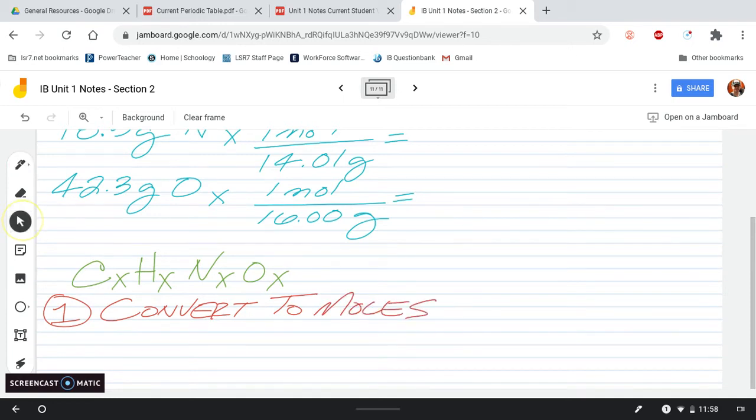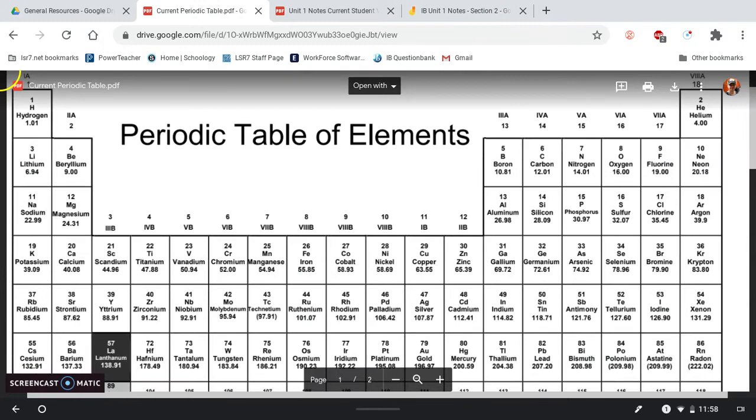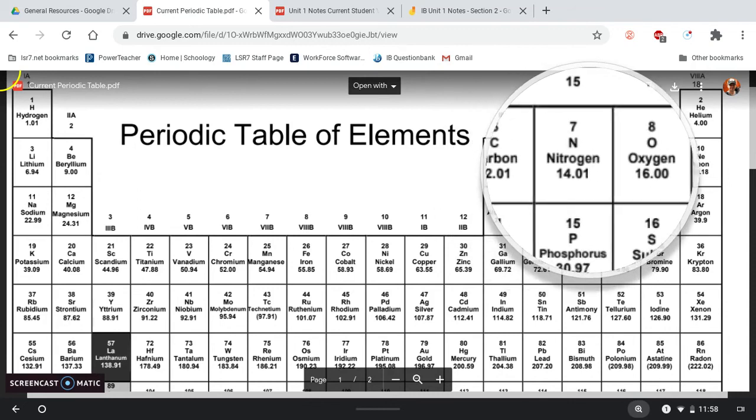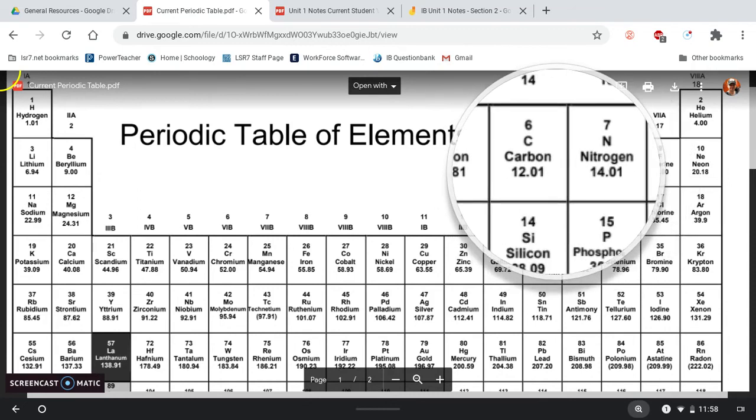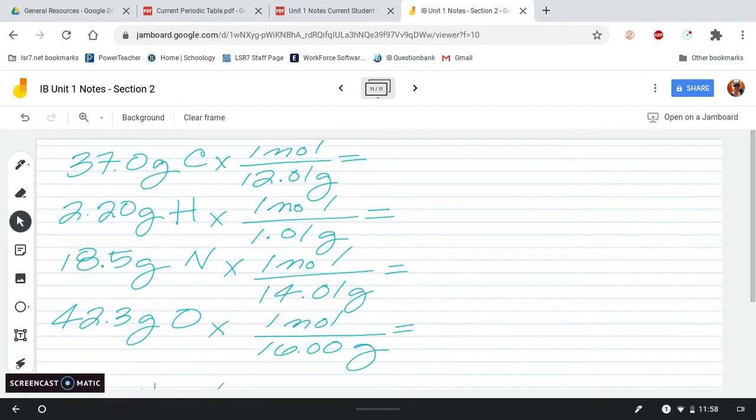I've already done that, and you can double check me. When you look up carbon on your periodic table, you're going to quickly find that carbon is 12.01 and nitrogen is 14.01, etc. So that's where I got those values. I'm not making them up. They just came from the periodic table, so be aware of that.